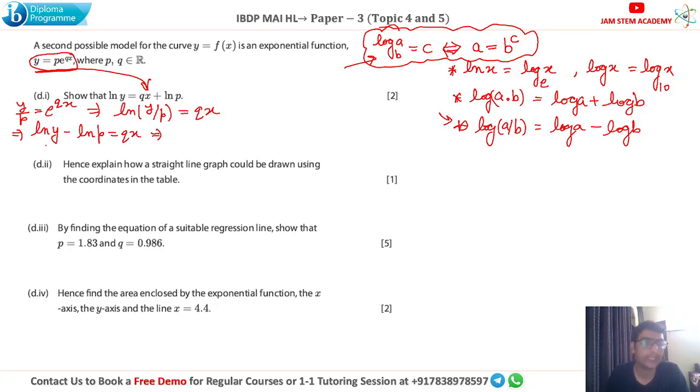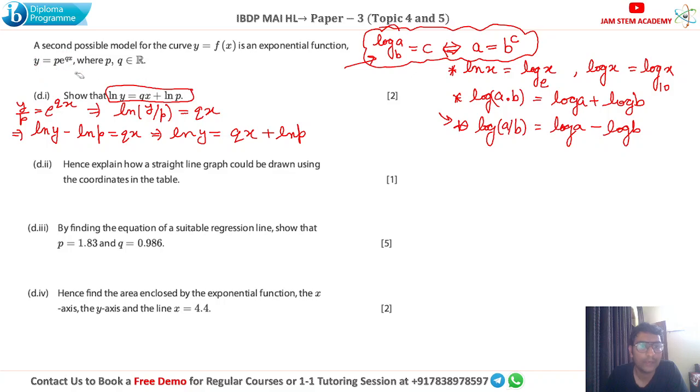Now rearrange the terms, take the natural log of p to the right side. That gives me natural log of y equals qx plus natural log of p. And hence the proof, right? That we have to show.